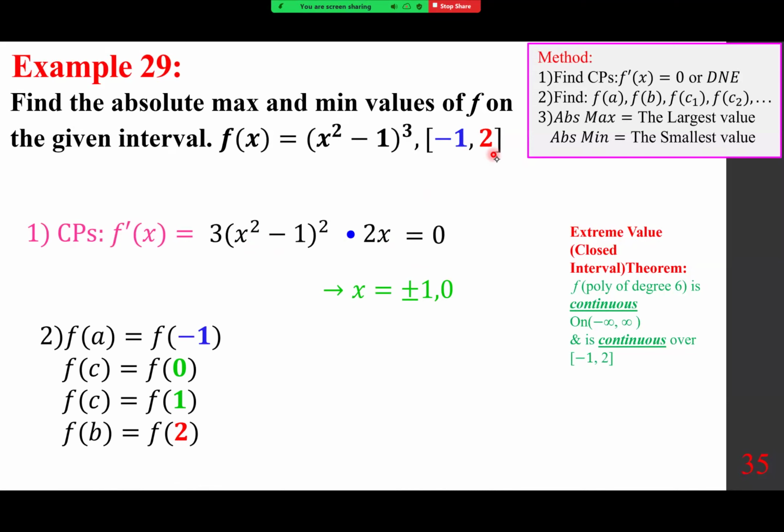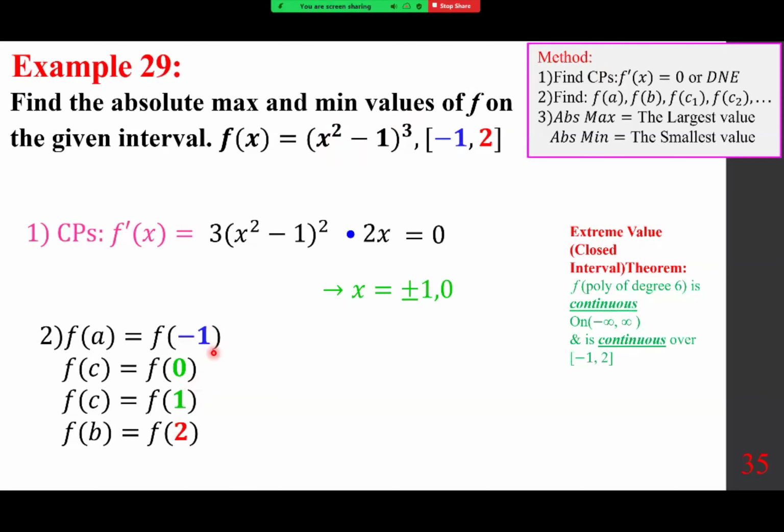We're going to evaluate the function at the endpoints and the critical points. So just for the sake of argument, if you plug in negative 1, you get positive 1 minus 1 makes it 0 cubed. So this gives you 0, so does 1.